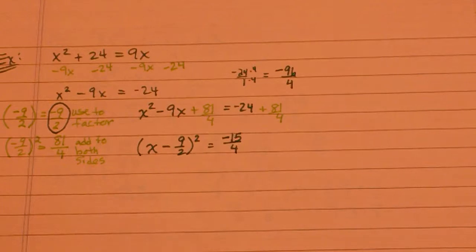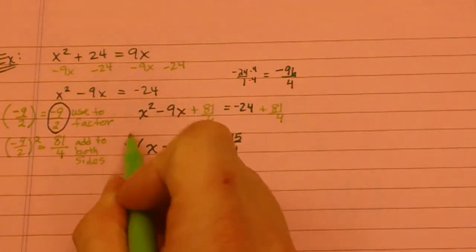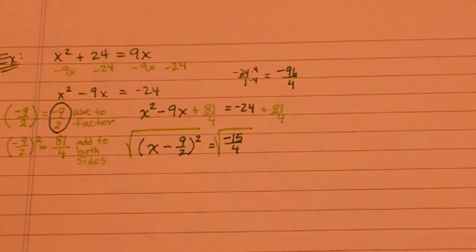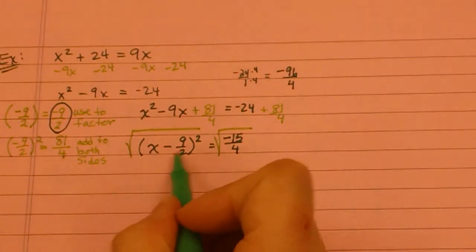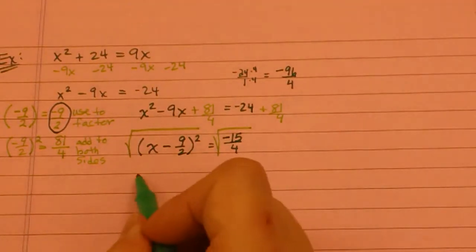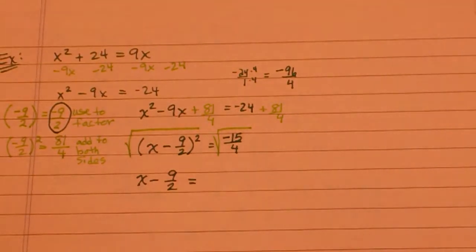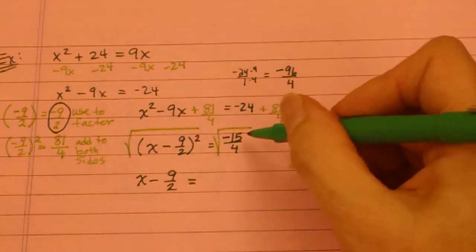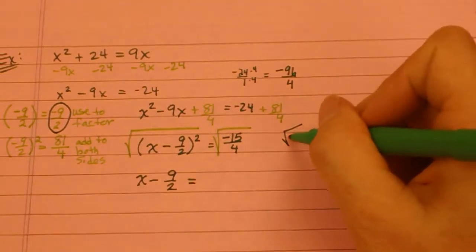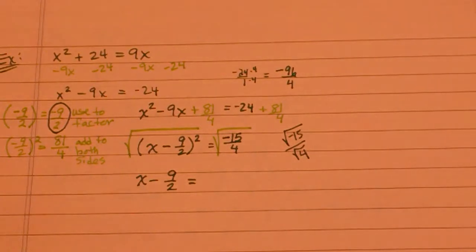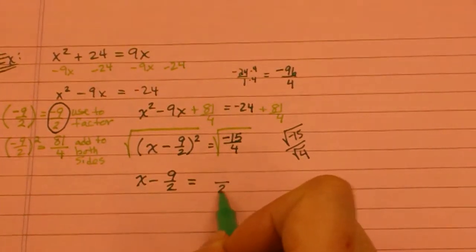At this point, I can go ahead and take the square root of both sides. So the square root of this side, square root of this side. On the left side, the square root of x minus 9 halves squared is just x minus 9 halves. The right side is a little bit more complicated. Remember, I can think of this as the square root of negative 15 over the square root of 4. Now the square root of 4 is nice, we can handle that, so it's going to be over 2.